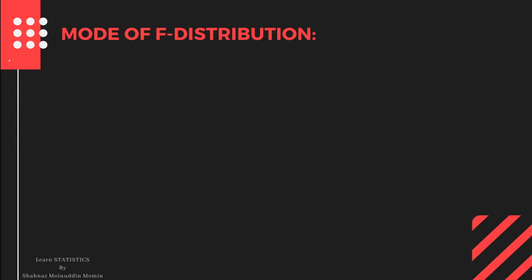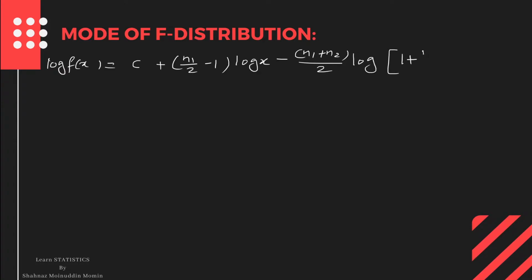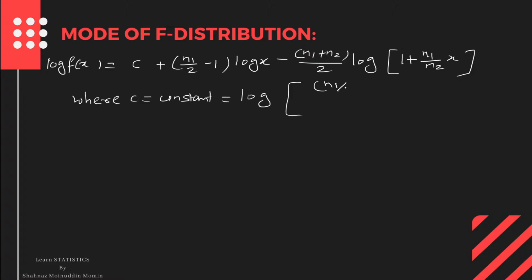Therefore, log of f x is equal to c plus (n1 upon 2 minus 1) log x minus (n1 plus n2) divided by 2 into log (1 plus n1 by n2 x), where c is a constant and it is equal to log of (n1 by n2) raised to n1 upon 2 divided by beta of n1 upon 2 comma n2 upon 2.